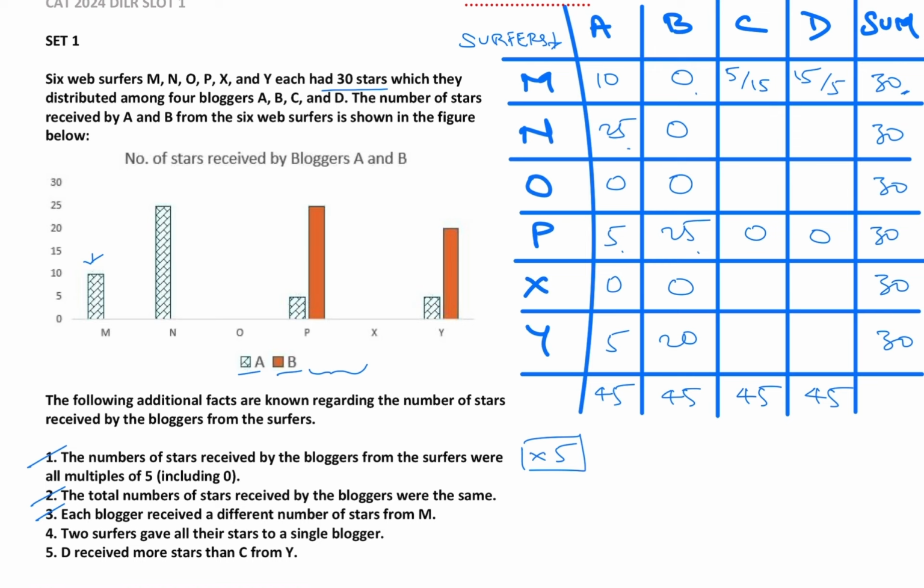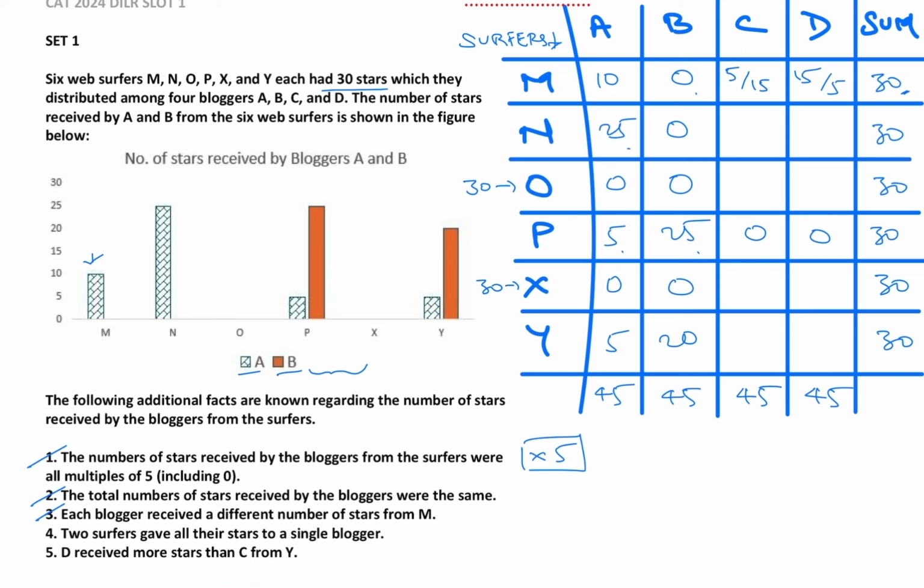O has not given any points yet, 0, 0. So I can give 30 to one single blogger. So 30 can go here. P, no chance. For X, again, yes, it has not given any, so 30 can go here as well. For Y, it has already given 5 and 20, so it can't give a single blogger all its stars.